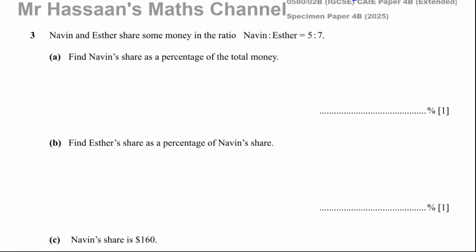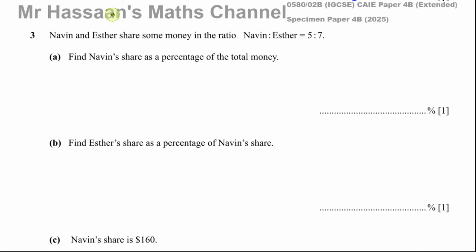I'm now answering question number 3 from the specimen paper for Paper 4 of the new syllabus of Cambridge IGCSE 0580. So we have the calculator paper here with a kind of new format as compared to the old Paper 4s.